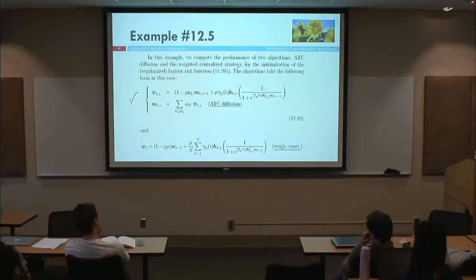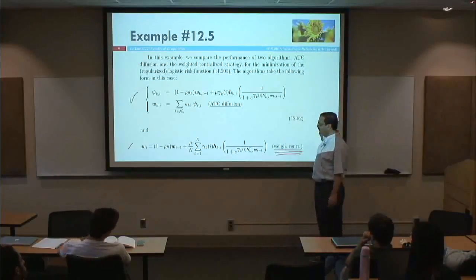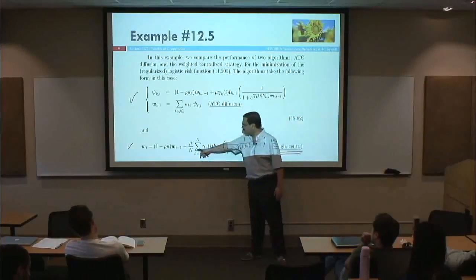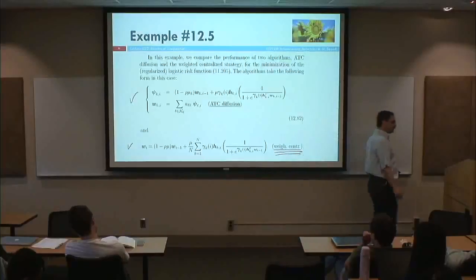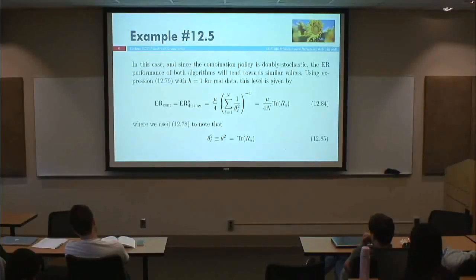This is logistic diffusion, okay? So the agents are solving a logistic regression problem. And here I'm running a centralized, weighted centralized solution in this case, okay? In this case, the Hastings rule in the learning problem is the metropolis rule. So it's doubly stochastic. Anyway, these are the expressions we derived.